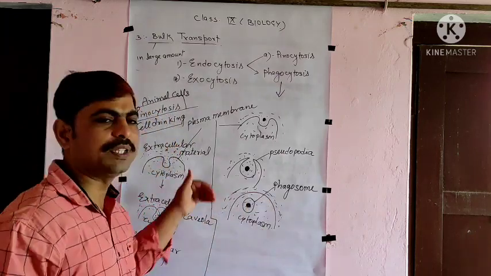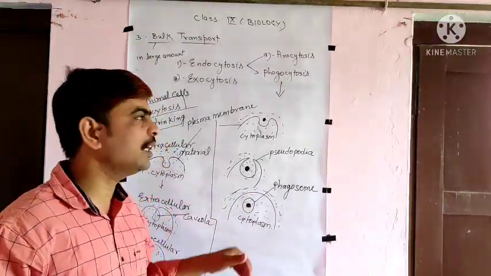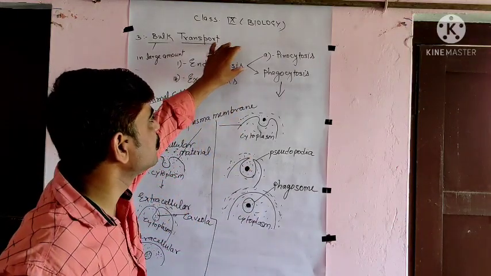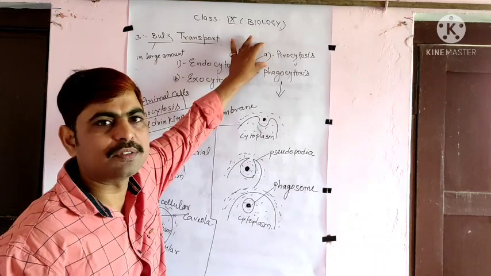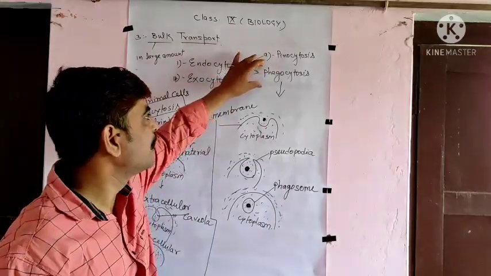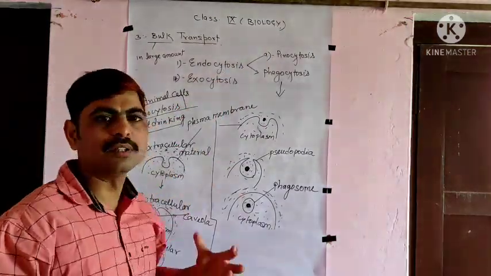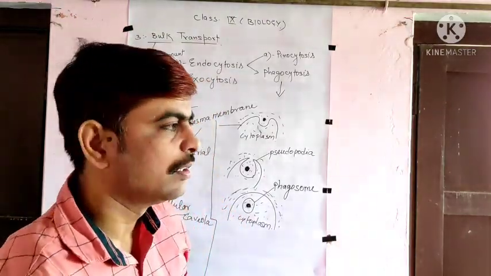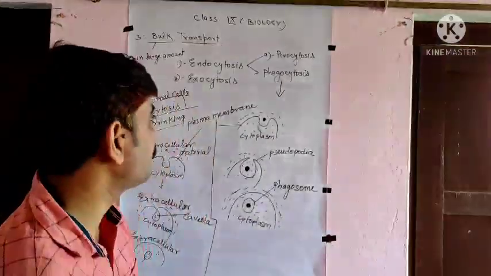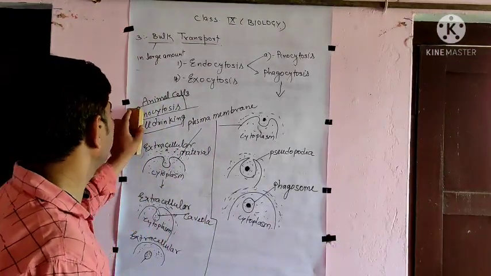So the material moves inside the cell. Okay, so this is endocytosis. It is of two types: pinocytosis, cell drinking, meaning liquid material transferred, and phagocytosis, meaning solid food materials transferred inside the cell.